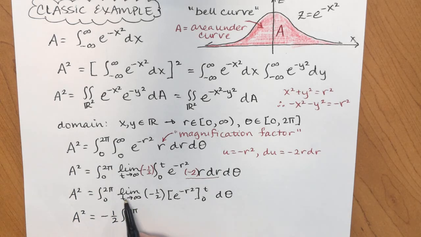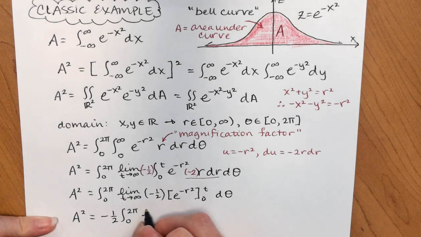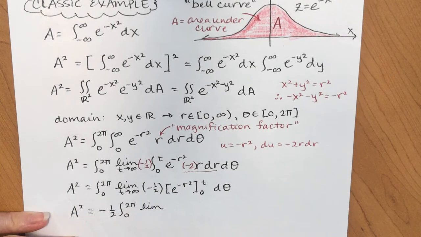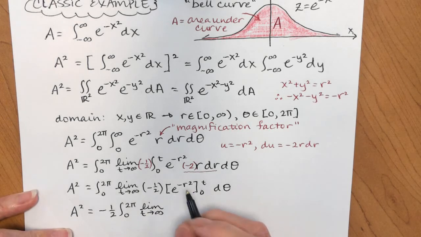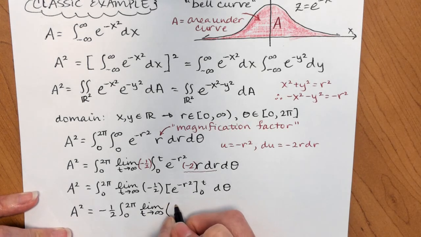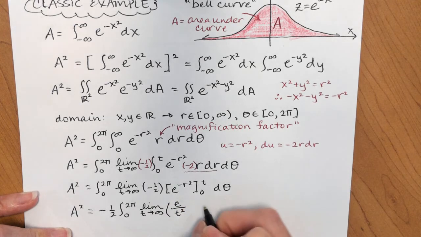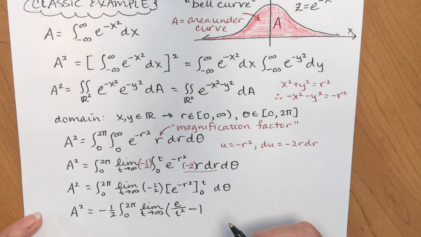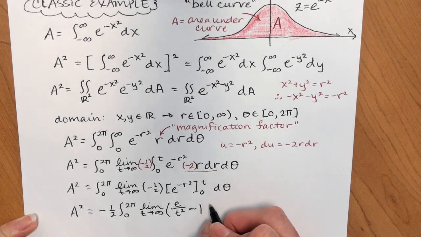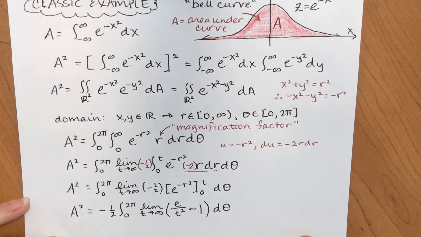And so what am I left with here? This is going to be the limit as t approaches infinity of e to the negative t squared minus 1, d theta. Can't forget the d theta.